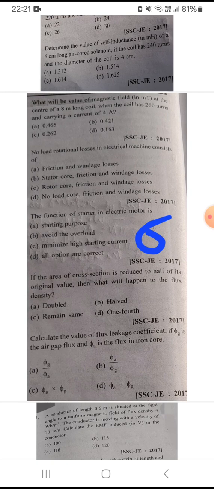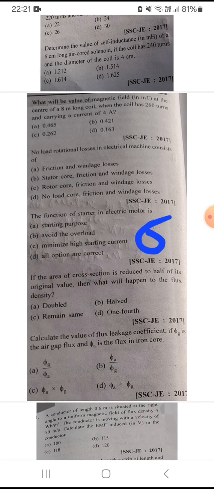So H is equal to Ni by L, so 260 into 4 by 8 equals 130. Okay, and B is equal to mu 0 into H, so 4 pi into 10 to the power minus 7 into 130 equals 0.163 mT. Okay.